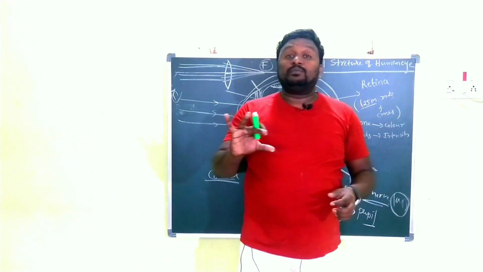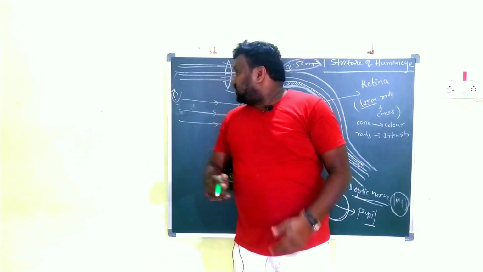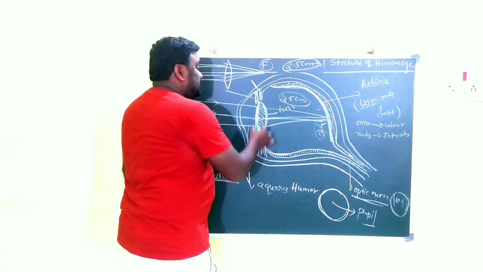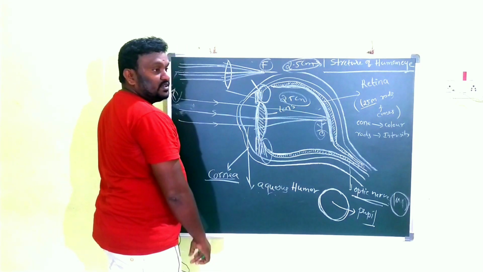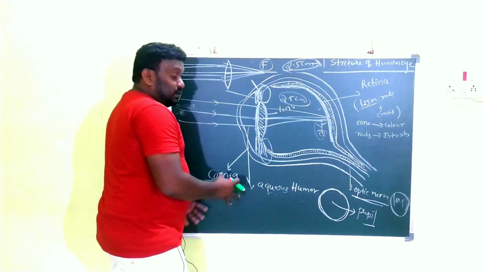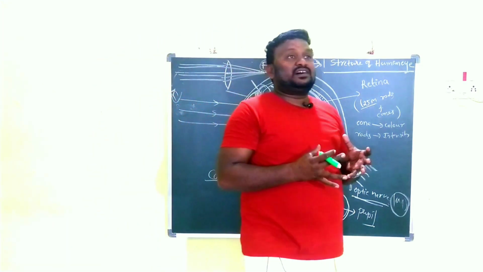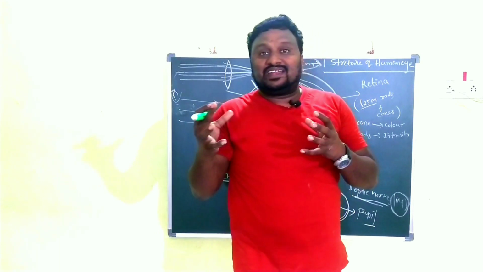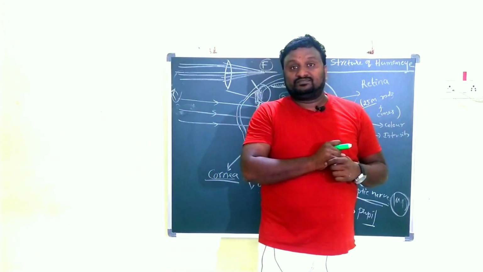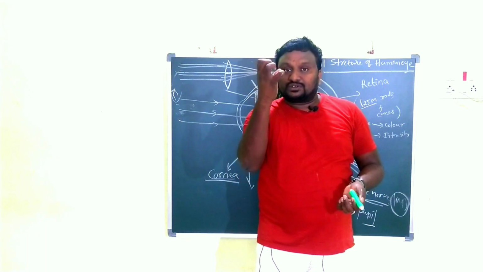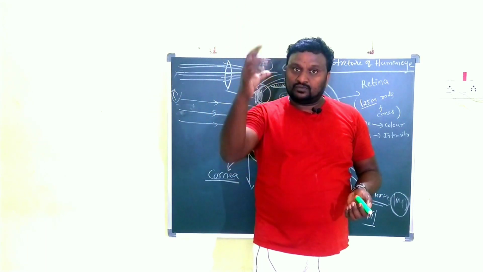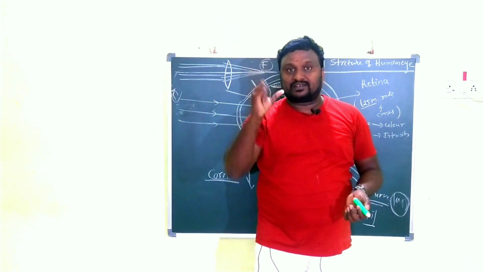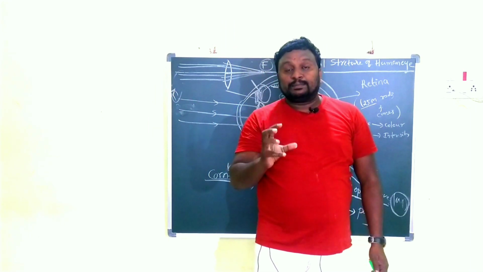Clear? In the diagram we are showing the ciliary muscles. These ciliary muscles can be extended or contracted. Contract means coming close; extend means elongated.